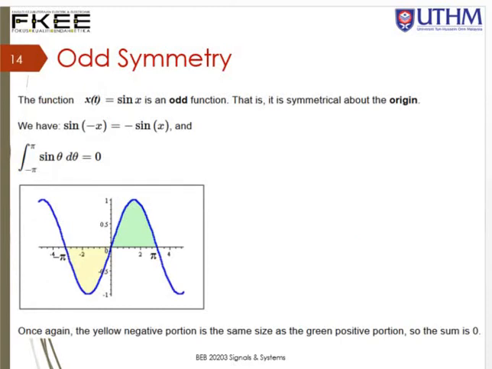For an odd symmetric, the cosine integral is 0. You see that this one is an odd function, so when you sum up, this green part will cancel out with the yellow part. So when you sum up, it's 0. That's why you get 0 there.